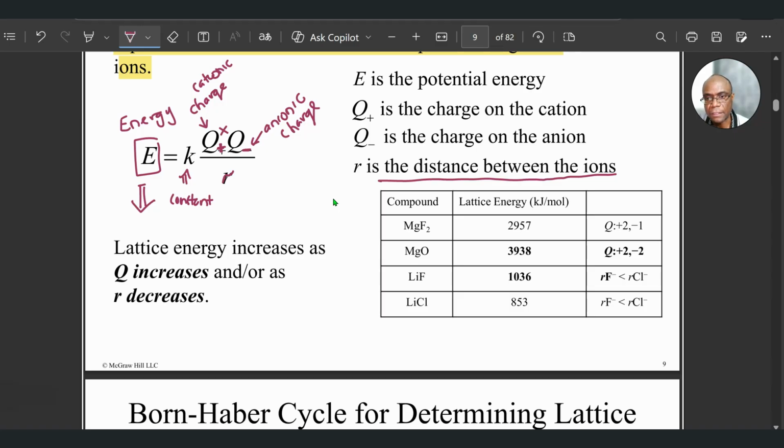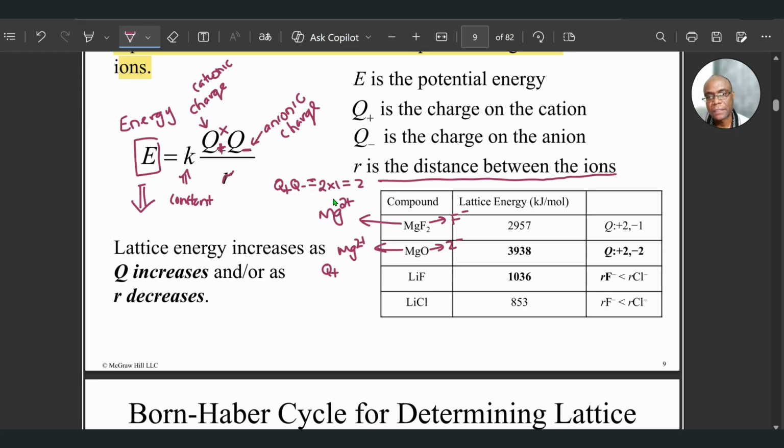You can see that here magnesium has a charge of 2 plus, fluorine has a charge of minus 1. So you just have 2 times 1 as the numerator of Q plus times Q minus, which gives you 2. However, if you look here, magnesium has a charge of 2 plus, oxygen has a charge of 2 minus.